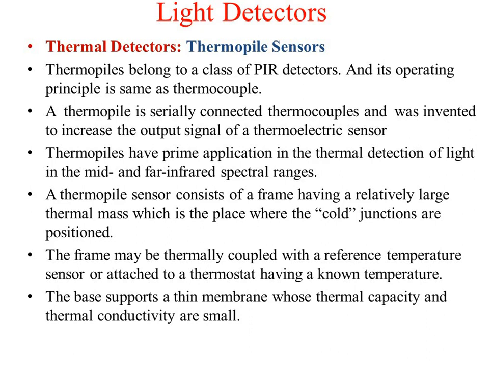The thermopile sensor consists of a frame having a relatively large thermal mass, which is the place where the cold junctions are positioned. The reference temperature is considered the cold temperature, while the other end of the thermocouple is kept at the temperature of the object. So the reference temperature you consider as the cold junction.